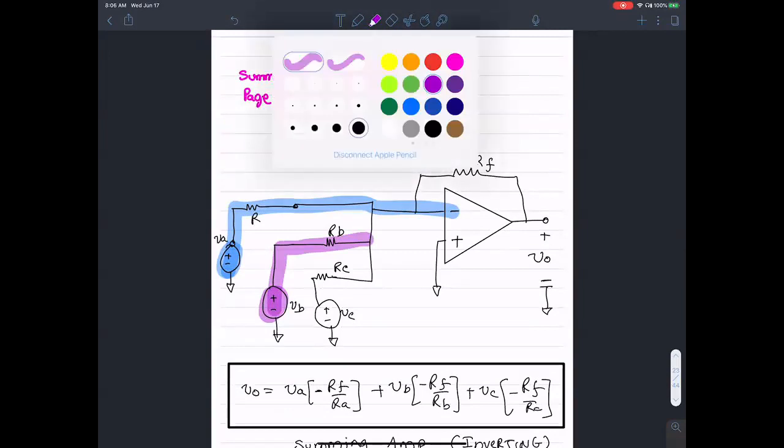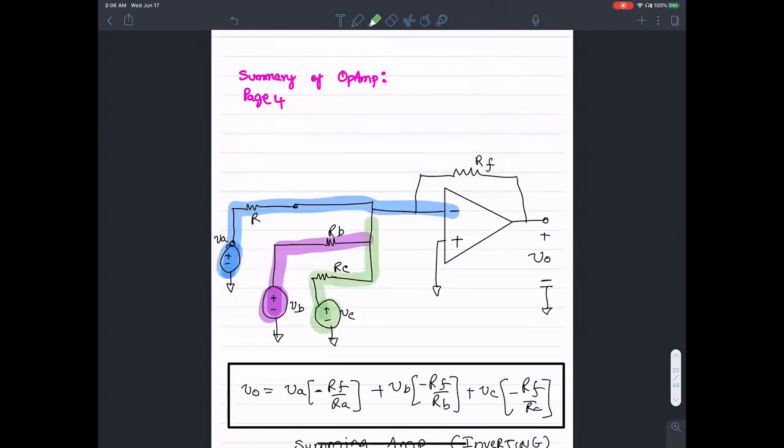The key to notice is that all of these currents add into this I total: the current coming in from VA, from the VB source, and from the VC source. All three branch currents add up and are routed through the feedback resistor, because there's no current flowing into the op-amp. The result is that all of this behaves like a weighted summing amplifier.